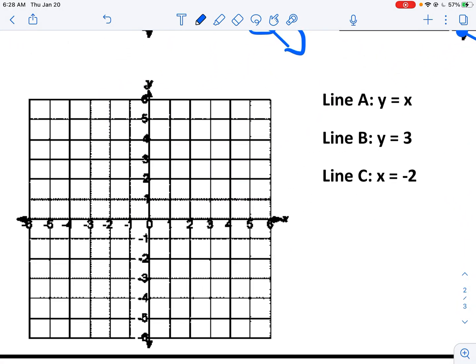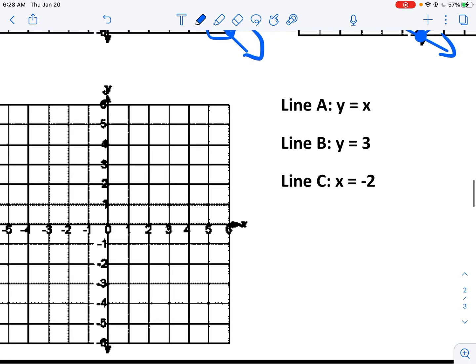So this one we need to label it. So my slope for this one is 1. My y-intercept is 0, 0. So if I go up by 1, over 1. Oh, this is a positive slope. I should have done that. Up by 1, over 1.